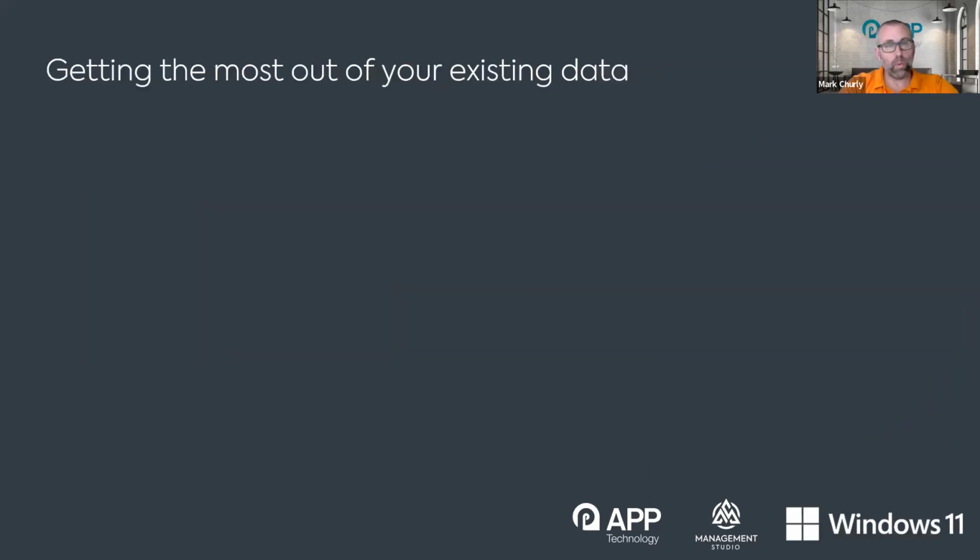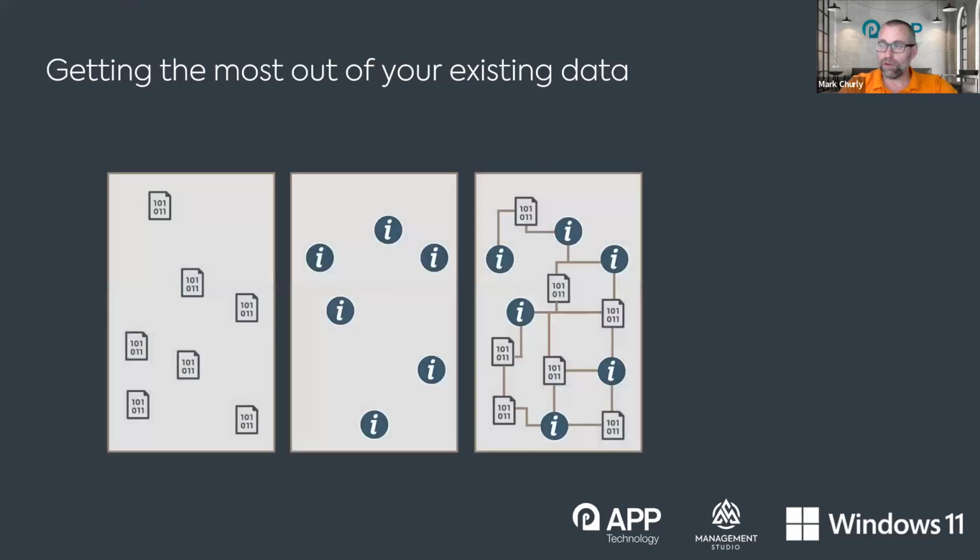What we're talking about here today is helping you get the most out of your existing data. A lot of environments will have lots of data in lots of different tools. So you'll have tools like SCCM that understand about computers and applications, tools like Active Directory that understand about people in your environment.